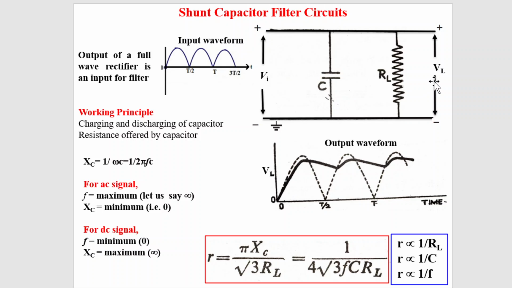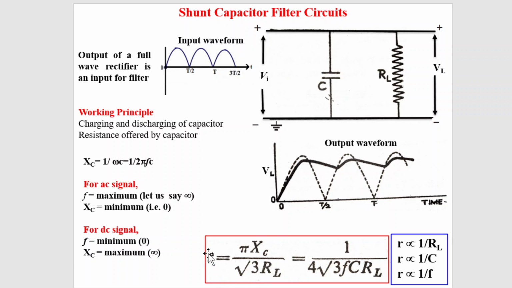So if you try to write the ripple factor of a shunt capacitor filter circuit, it will be equal to r = π Xc divided by √3 RL, where RL is the value of load resistance and Xc is the resistance offered by the capacitance.